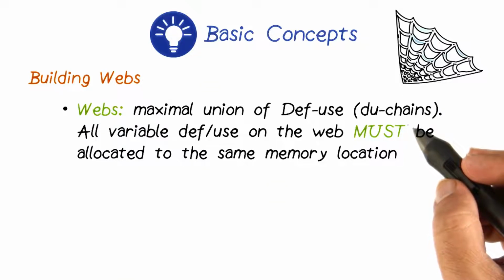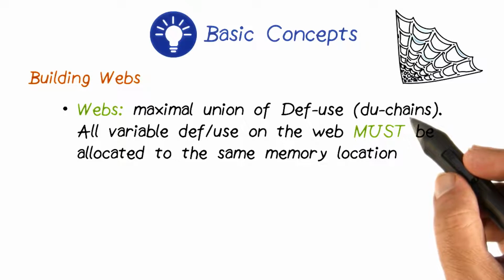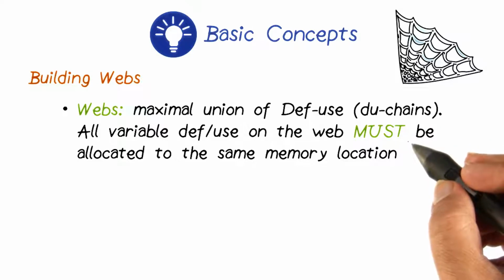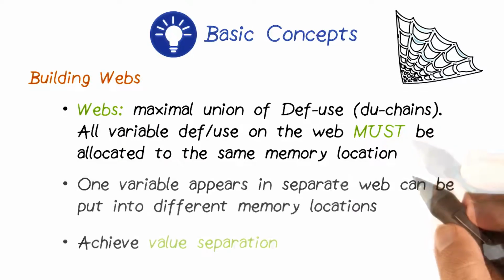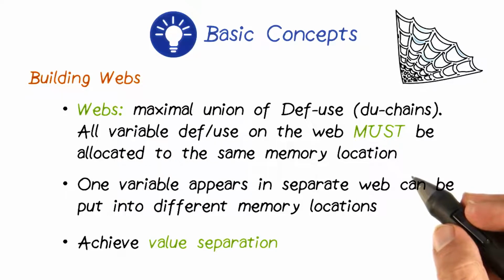So remember that we have webs here, that is the variables which share the DU chains have all been allocated onto the same register, and even if the variable name might be the same, if it is in different webs as we saw earlier in the register allocation, it can be put in totally different memory locations.